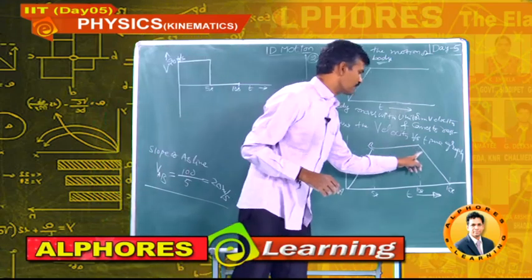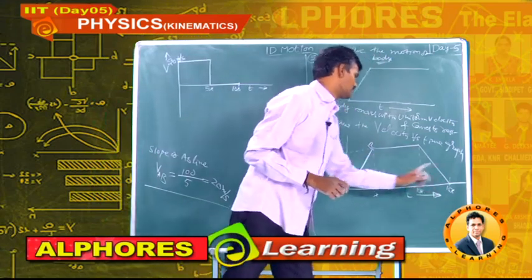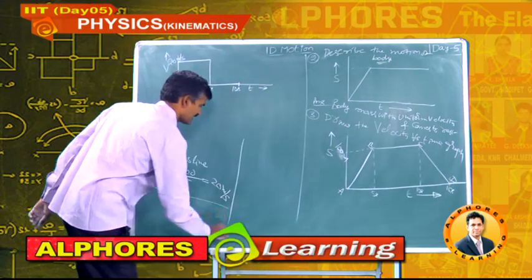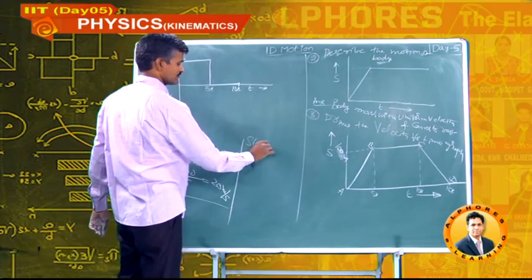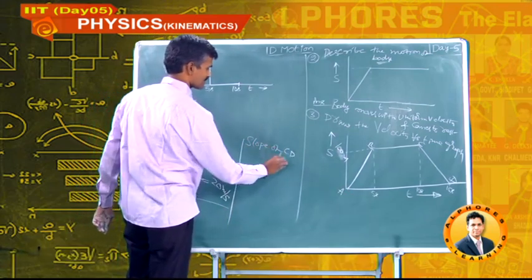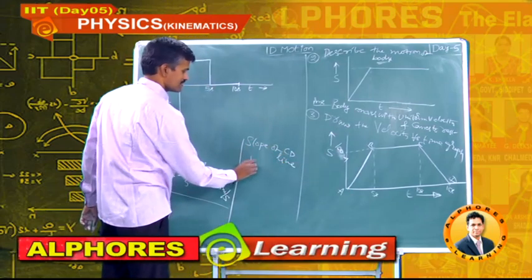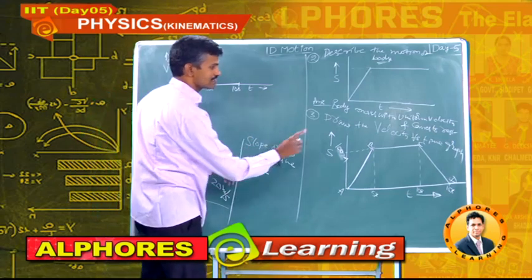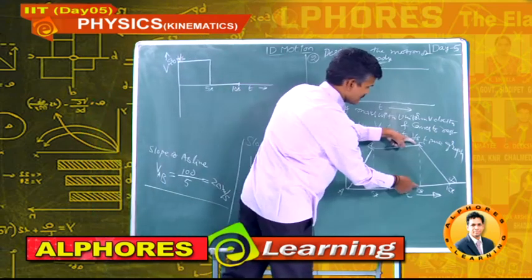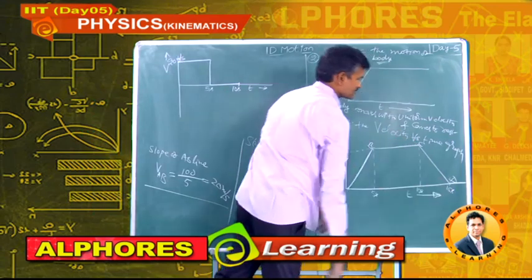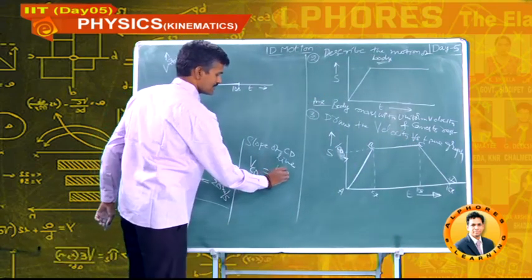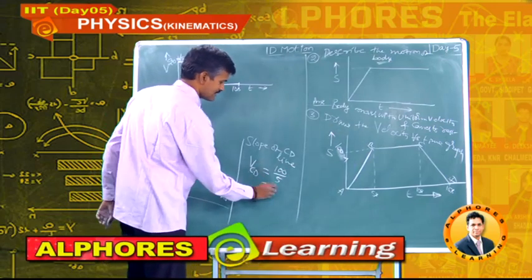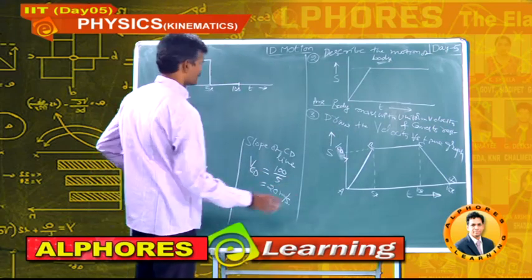Next, here the slope is negative. Now calculate the slope of line CD, which gives the velocity in the interval CD. That is y2 minus y1 over x2 minus x1, 100 by 5, which is again 20 meter per second in magnitude.